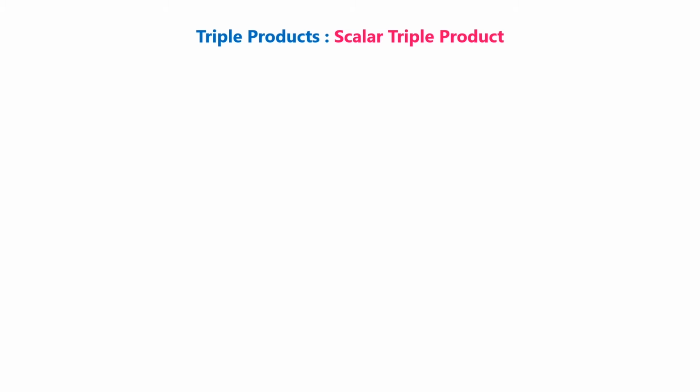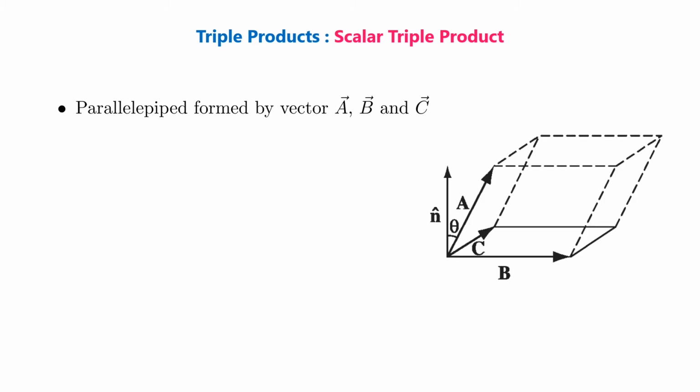Let's now try to understand the geometrical meaning of scalar triple product. Let's assume that vector A, vector B and vector C lie along the three sides of a parallelepiped. Now, the area of the base is nothing but the magnitude of the cross product vector B cross vector C. So this is the area of the base.